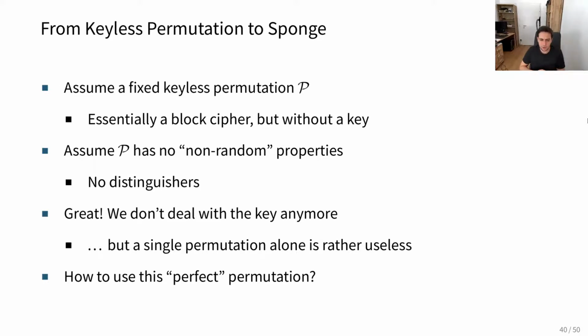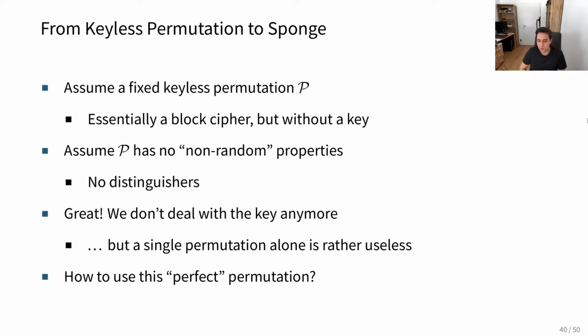Now let's assume, for the sake of explanation, that the resulting permutation, without a key and just constants, has no clear non-random properties. For example, it has no distinguishers, so it's not easy to distinguish from a random permutation. This is great because we don't deal with the key anymore, so we have no problems here.